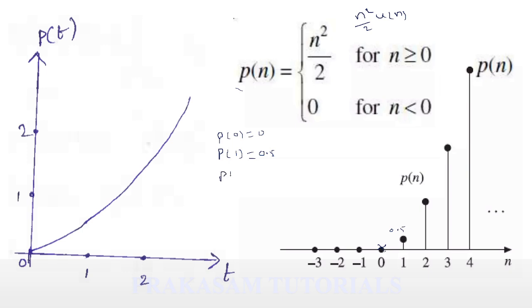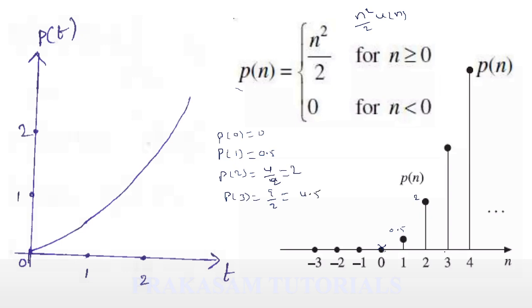Next, n is equal to 2, p of 2 is 2 square by 2, 2 square is 4, 4 by 2 is 2. So at n is equal to 2, the strength of the signal is 2. Next, n is equal to 3. So p of 3 is equal to 3 square, 9, 9 by 2 is 4.5.